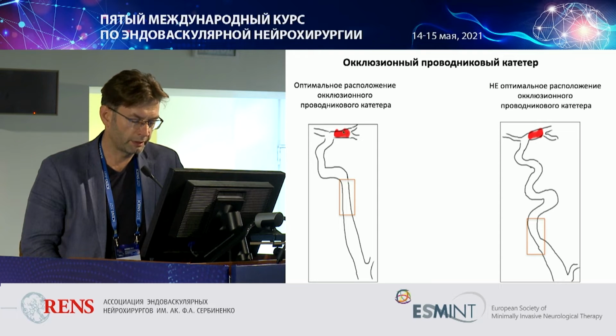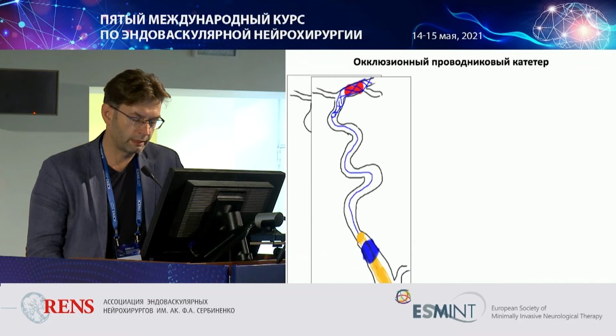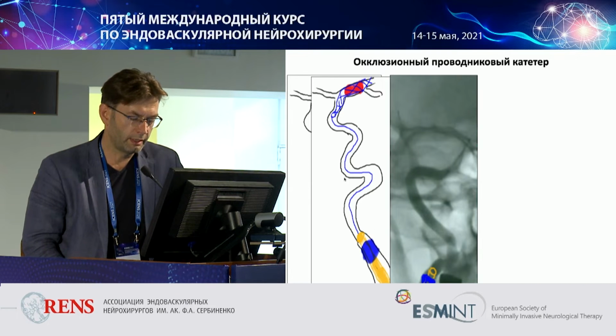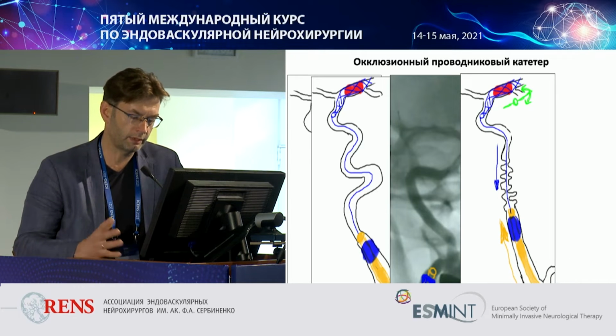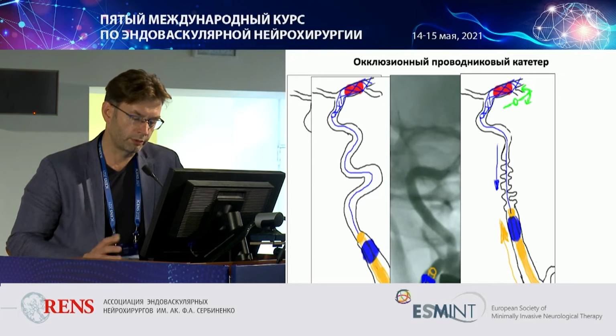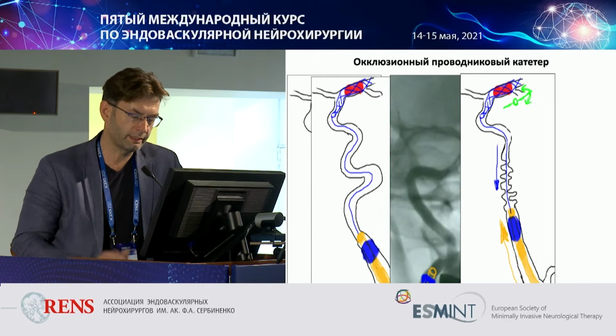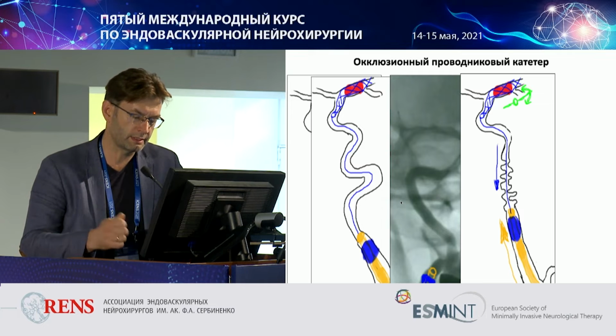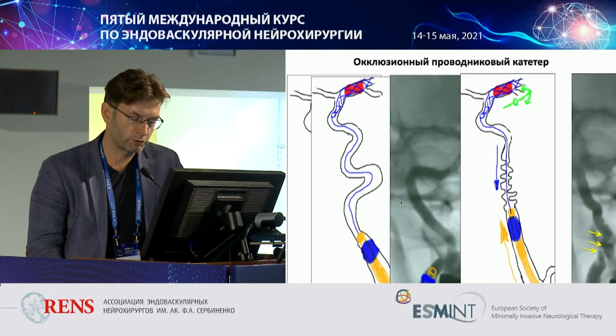The most likely position of the occluding catheter is here, to shorten the pathway. But we're dealing with patients, and many of them have significant tortuosity of the carotid artery, and we put the catheter in a low position and introduce the stent retriever. When removing the stent retriever, it works as an anchor, pulling the stent retriever and causing this kind of kinking.